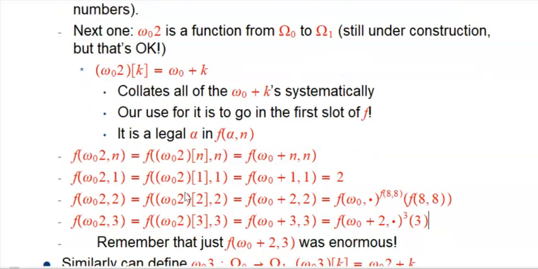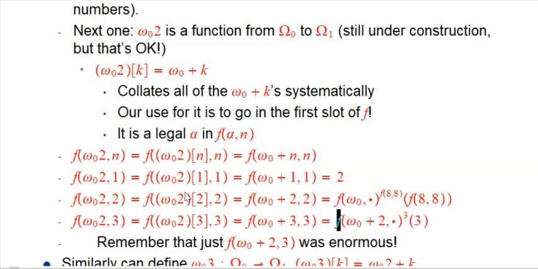Not shabby. And f omega naught 2 comma 3 is going beyond what we've done before. It's f of omega naught 2, the third entry in that sequence, so it's f omega naught plus 3 comma 3. Now I could have done that more explicitly as well, but I skipped it.